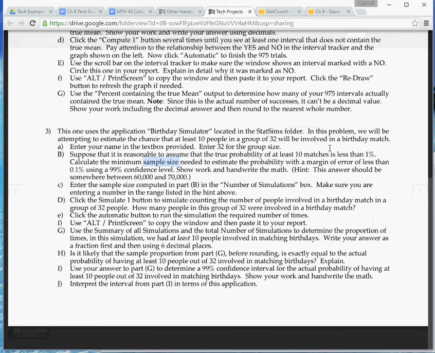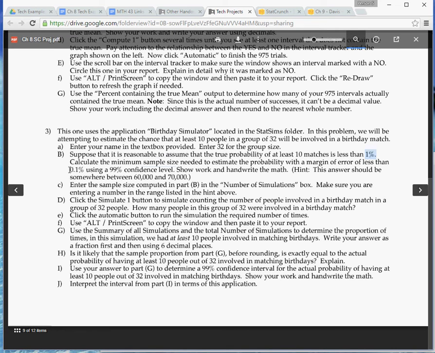When they tell you that they're pretty sure the probability is under 1%, you're going to use that to guess at p. When they tell you they want a margin of error of 0.1%, that's telling you e, but you need to change it to decimal form. And the 99% confidence interval is going to be used to figure out the z. You might want to draw a picture for that and work backwards.